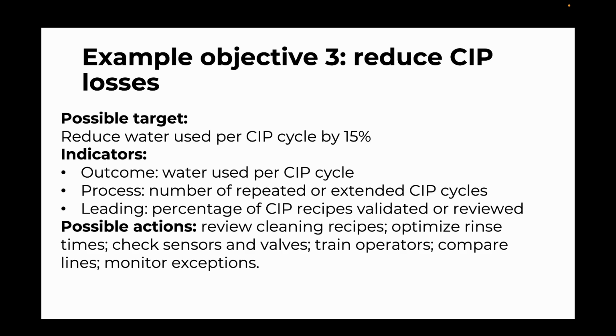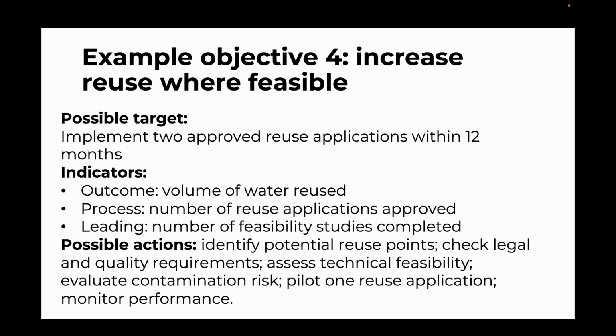Now, let's see one last example. Water reuse, so increase reuse where feasible. So water reuse may be an opportunity for BlueRiver, but it must be handled carefully, okay? Because not all reuse is technically possible, not all reuse is legally allowed, not all reuse is appropriate for food or beverage operations.